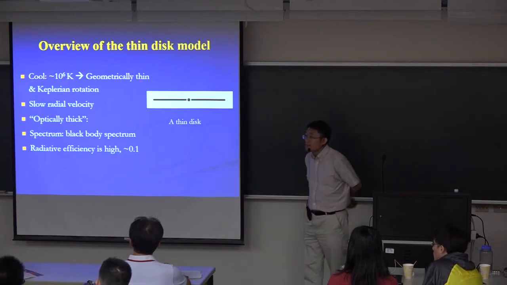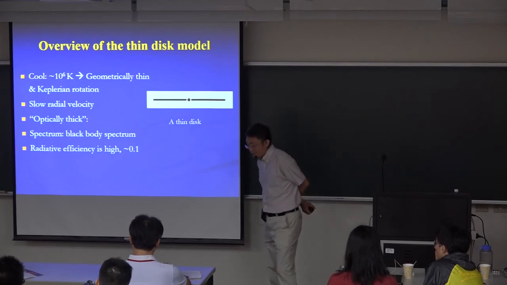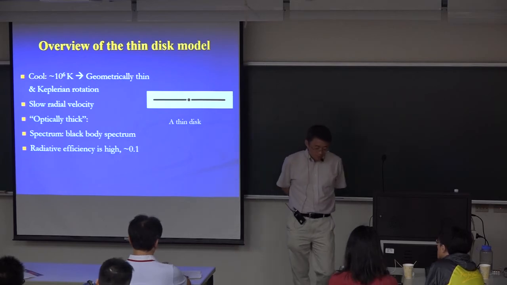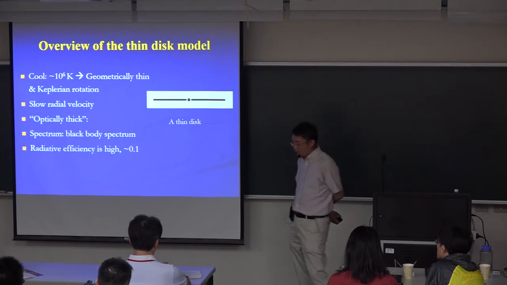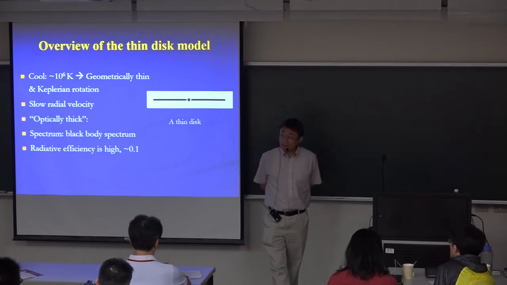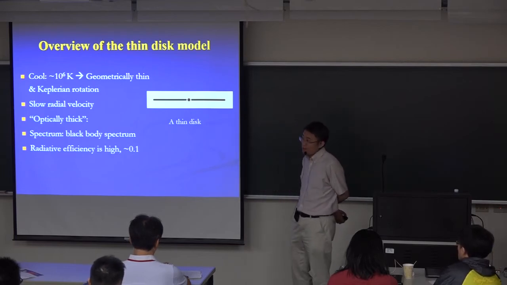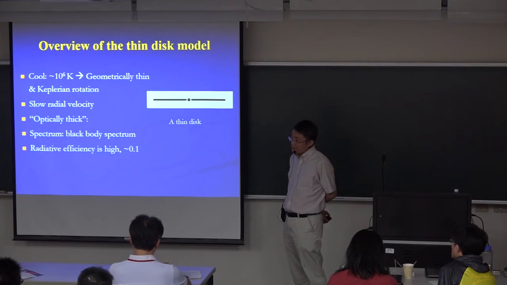I have a question. So what's the mass of the disk compared with the black hole? Okay. This depends on what kind of object you are discussing. Let's discuss AGN. For low luminosity AGN, the mass of the disk can be neglected. This is a general conclusion.